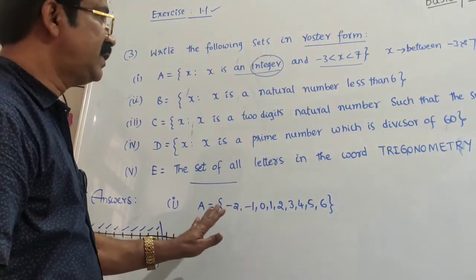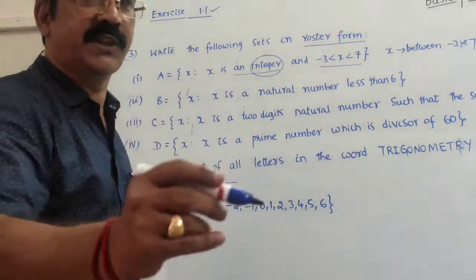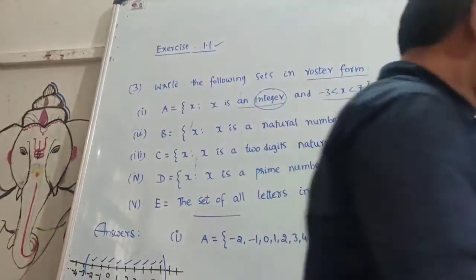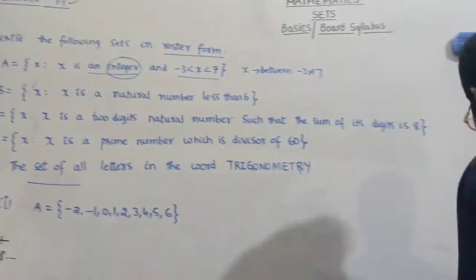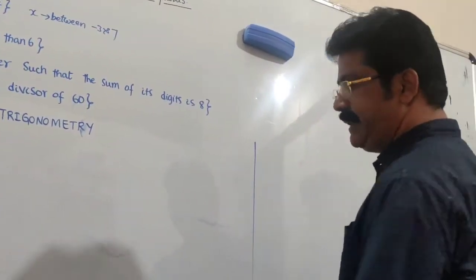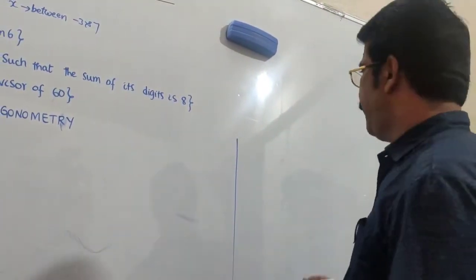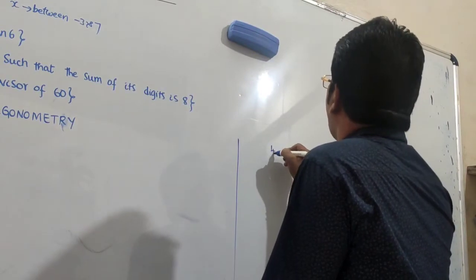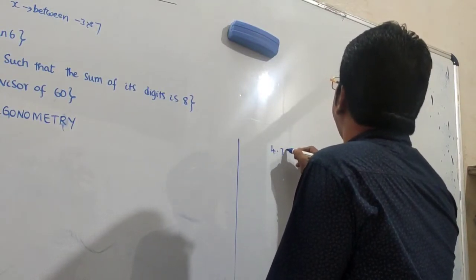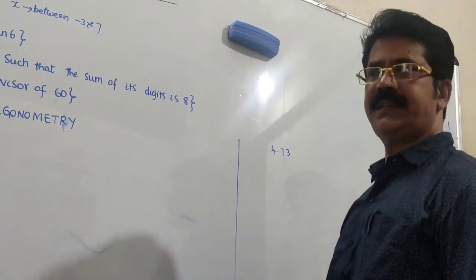Okay, answer is over. Now I wish to explain about the integers. Just some synopsis of integer. Integer means, for example, 4.73. Let us consider this number.